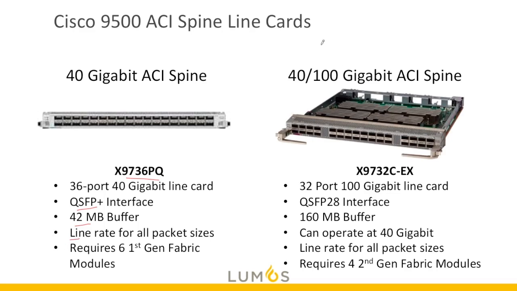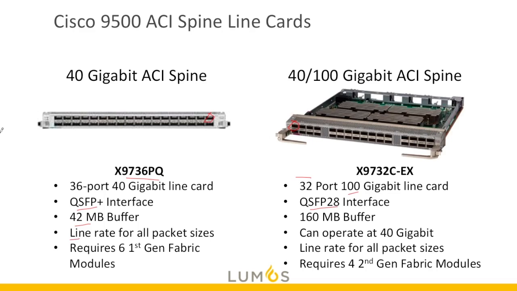The new generation is based on 25 gig lanes, whereas the 40 gig card is based on 10 gig lanes. The 100 gig line card has 32 ports of 100 gigabit Ethernet. It runs the QSFP28 interface, a form factor that is physically, at least dimensionally, identical to the QSFP Plus interface. So the sizes of the slots are identical.